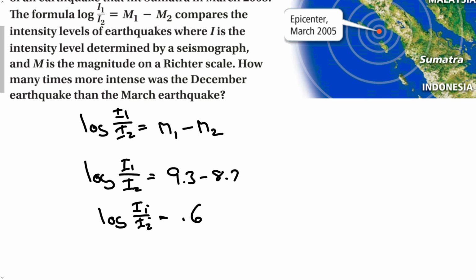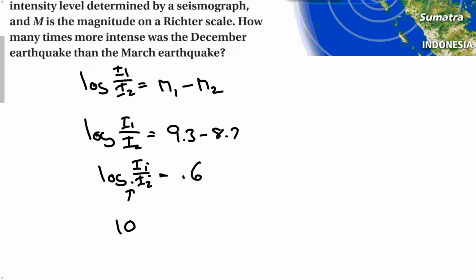I just want the ratio. I want to know how much more intense the one is than the other. So I can rewrite this as an exponential equation. I just need to know the base, that number right there that I don't see. And if I don't see it, it means it's a 10. Answers to logarithms are exponents, and that is going to equal my ratio right here.